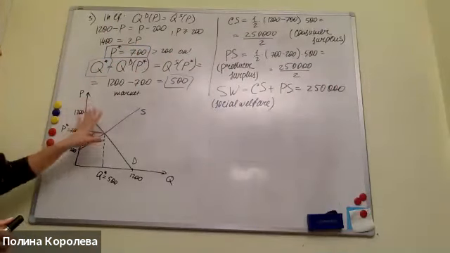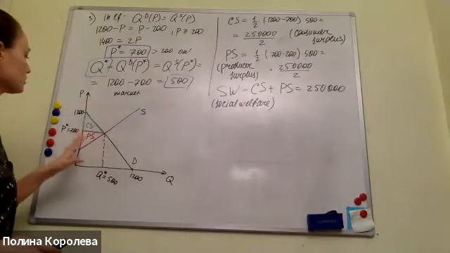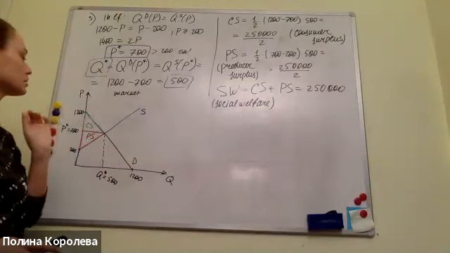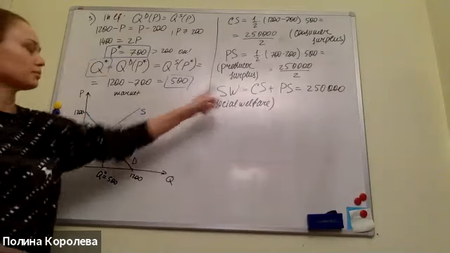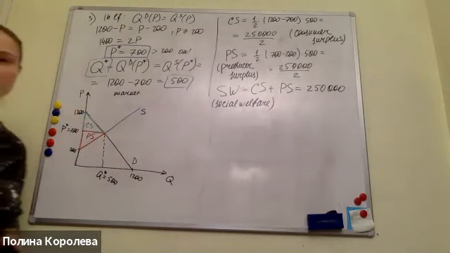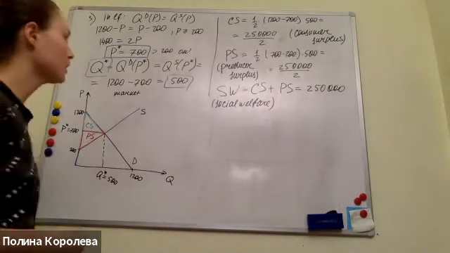And we know that in a perfectly competitive market, if the government does not intervene, the social welfare is maximal. So the sum of the green triangle and the red triangle is the social welfare of our society right now here.